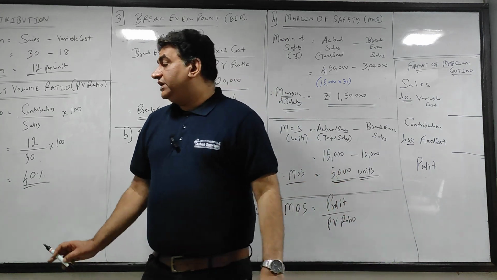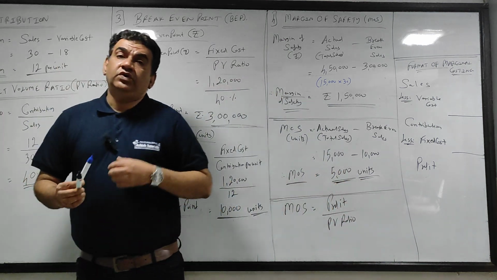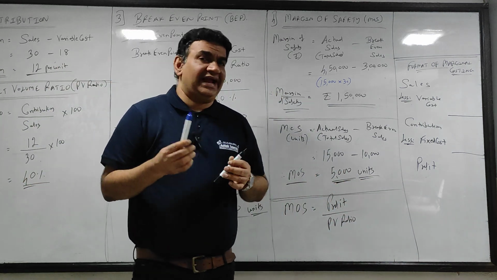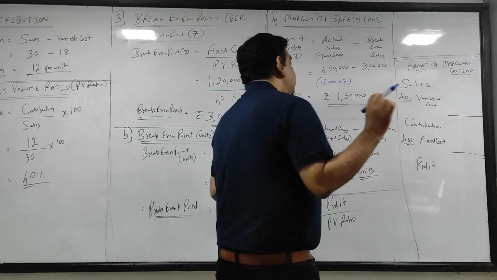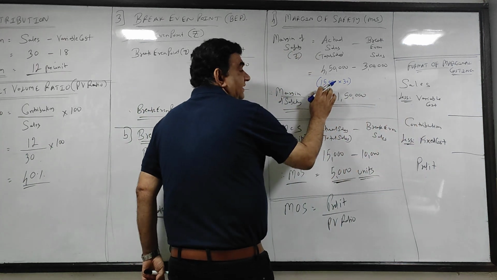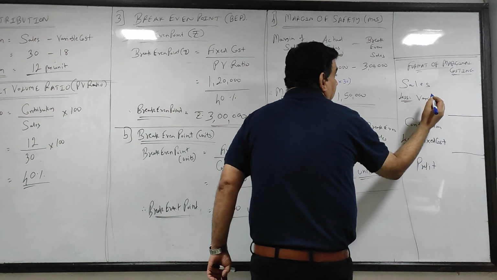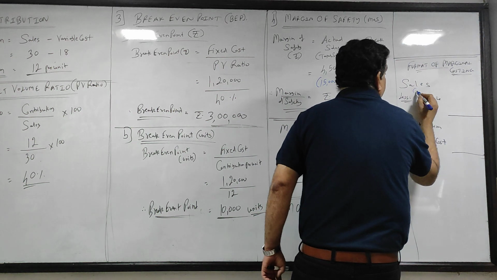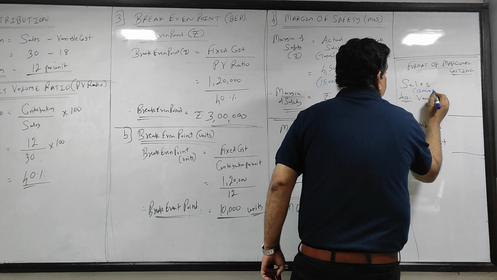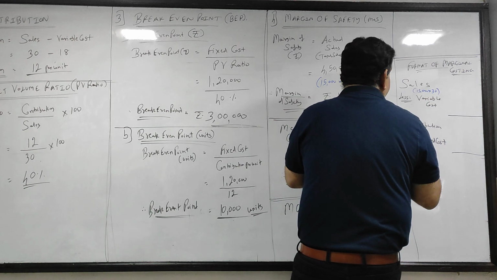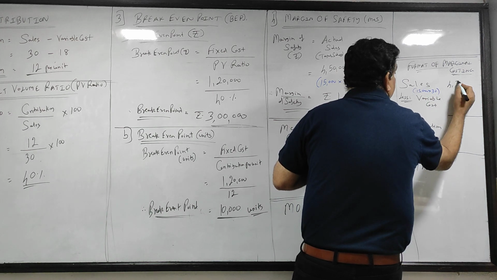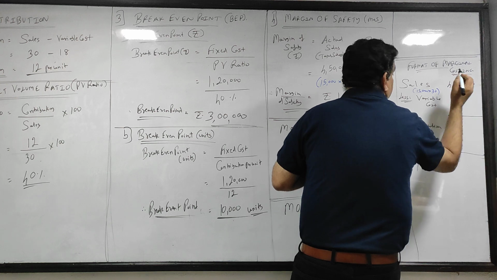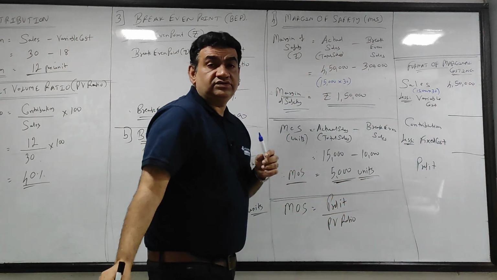But when you do this, it is equation in terms of total amount and not units. Now, see, sales 15,000 into 30 again is 4,50,000.